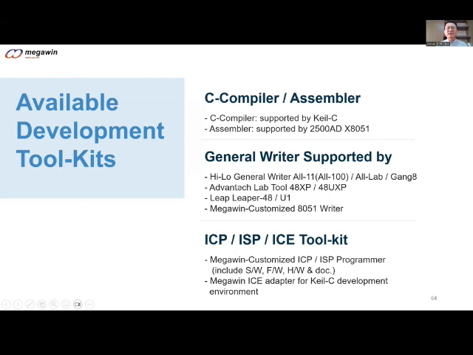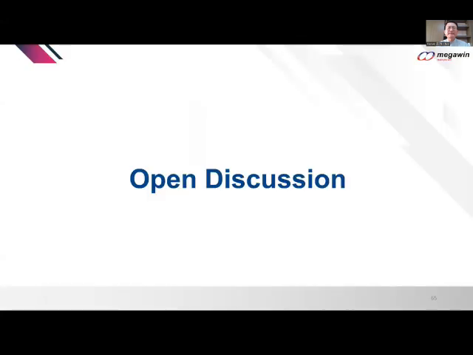Some customers ask a third party to do the programming, so we support the high-low and all the lists here. We also have the ICP, ISP, and ICE tools for many kinds of applications. Okay, so this is the introduction for our product.